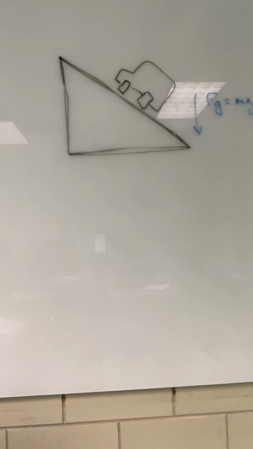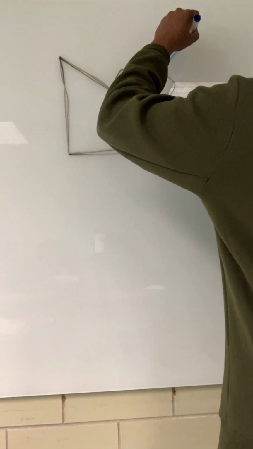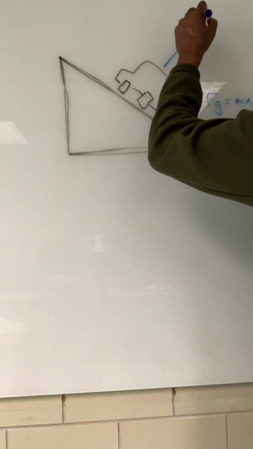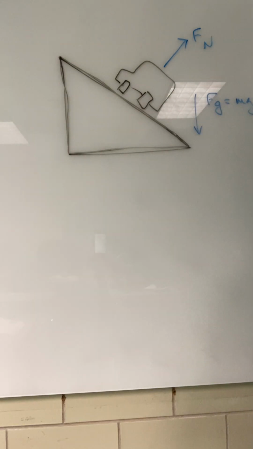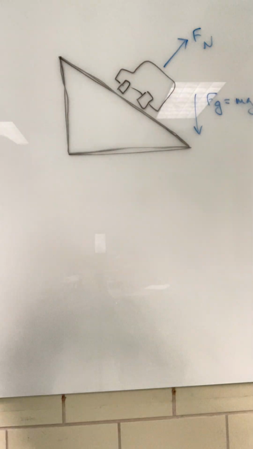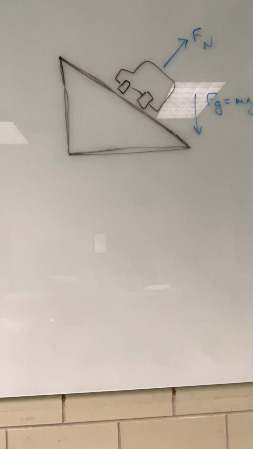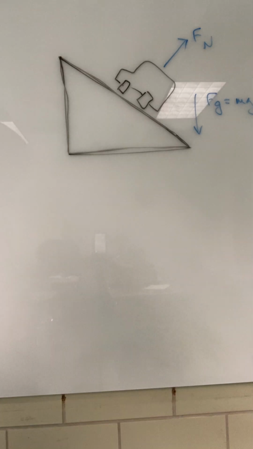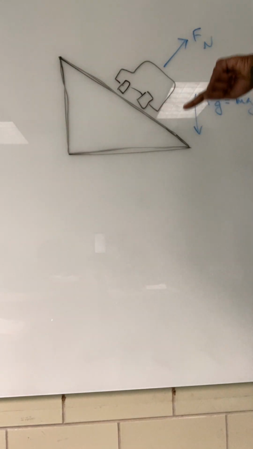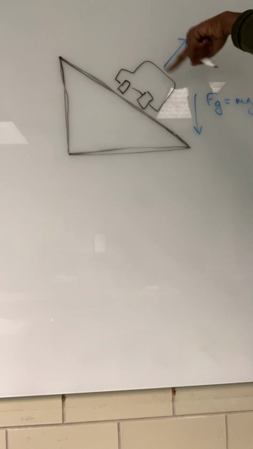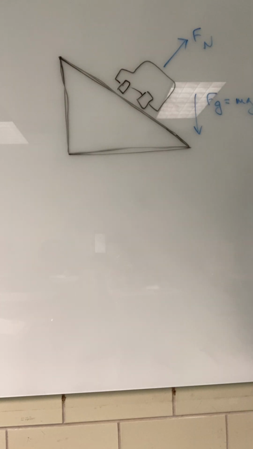And we got a normal force, right? From our object sitting on that surface. And because we know that we are traveling in a circle, the car is coming out and going into the board.